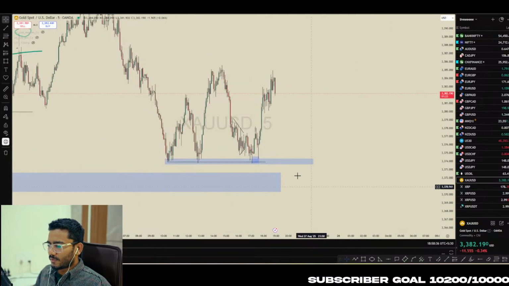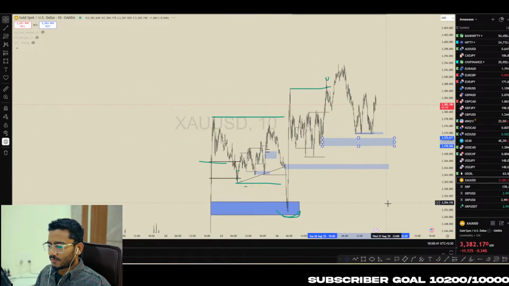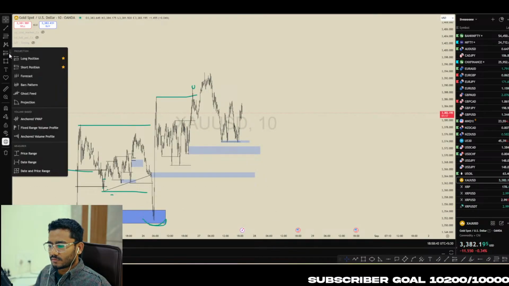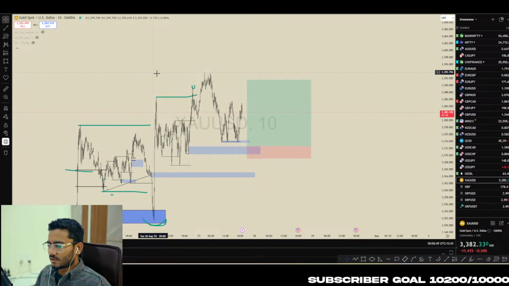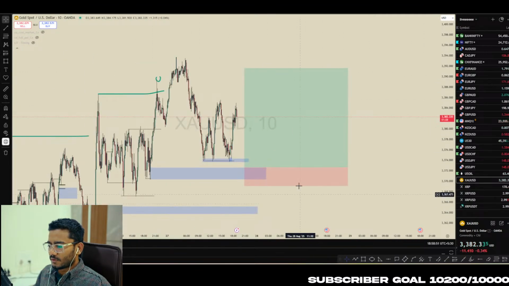So let's wait for price to come to this area, then we can look for a buy side entry from here. Stop loss below this low, and we can target the next high, next liquidity. And price is creating trend line liquidity above the structure.